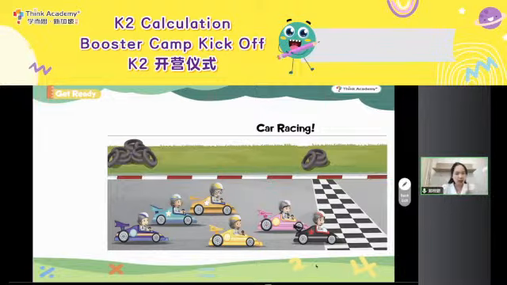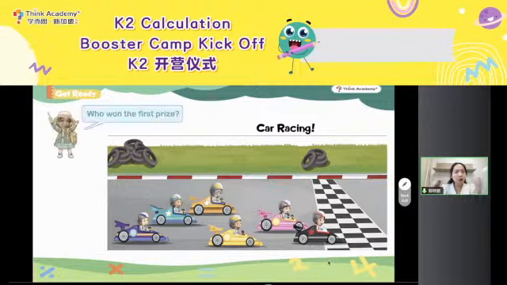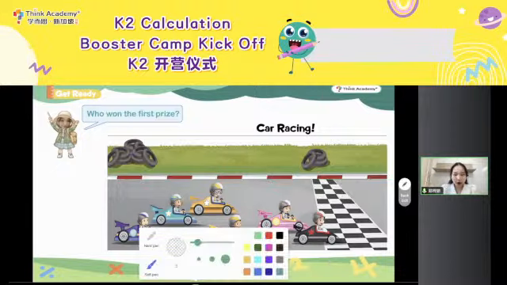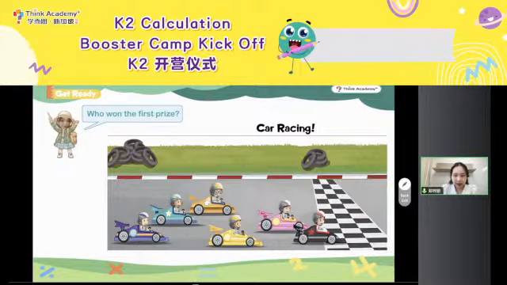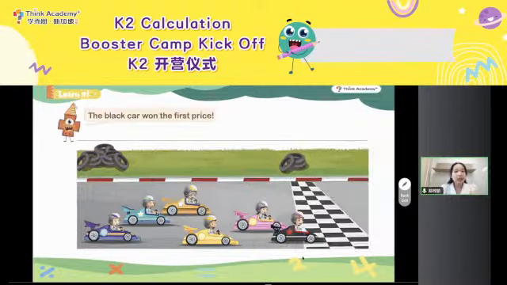I have a question for you: which one won the first prize? I can see this black car won the first prize, which also means the black car comes first.